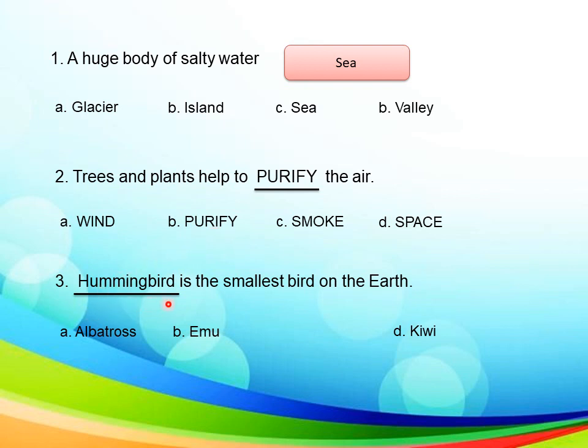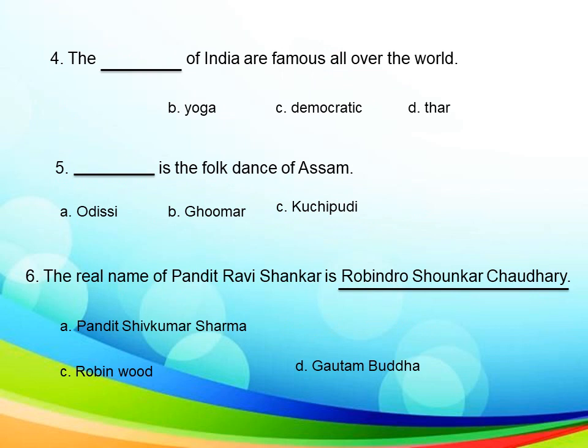The next one, dash is the smallest bird on the earth. Let's see the options. Albatross, emu, hummingbird, kiwi. Yes, the correct answer is hummingbird. The next one, the spices of India are famous all over the world. The next one, Bihu is the folk dance of Assam.